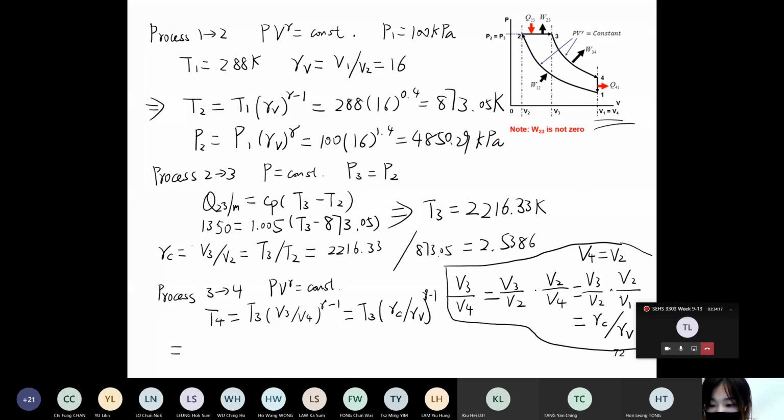Sorry, I thought it was here. V4 equals to V1 because we have a constant volume. So we rewrite the ratio of V3 to V4. We have the cutoff ratio and the compression ratio. Okay. Any problems here? If no, I will continue.